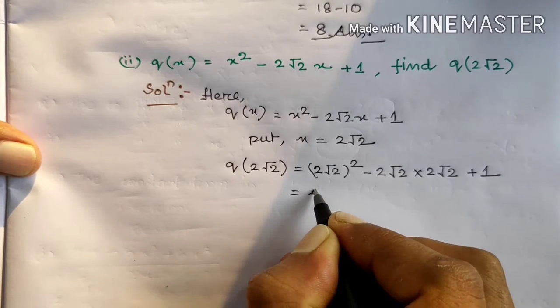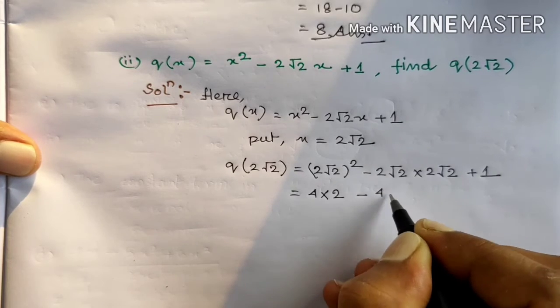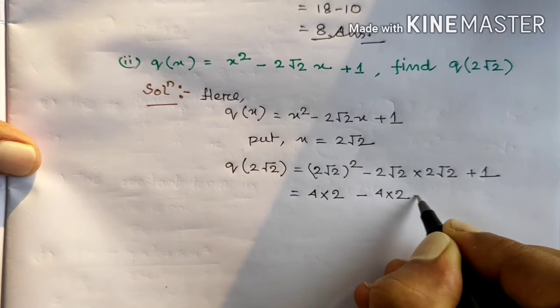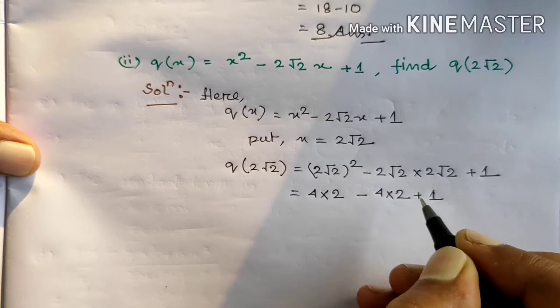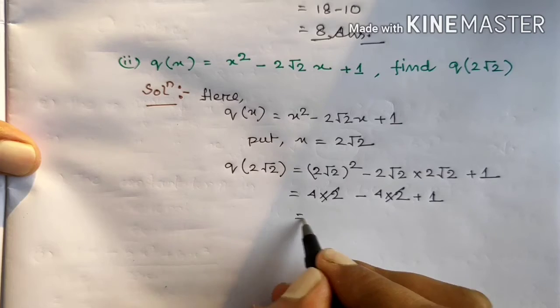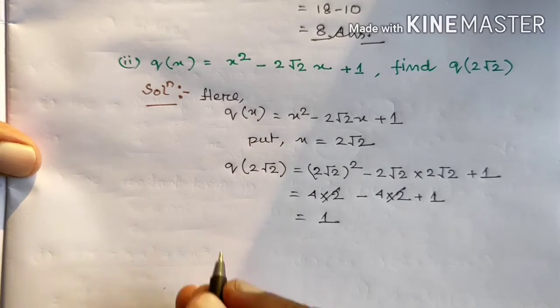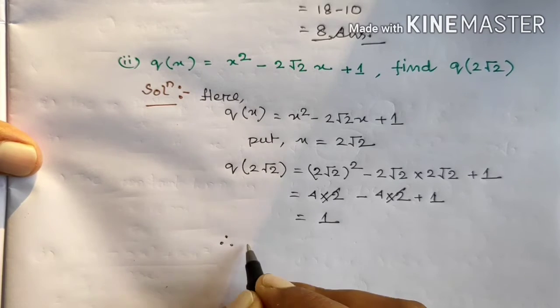Just simple calculation and you will get the answer. Finally we get q of 2 root 2 equal to 1.